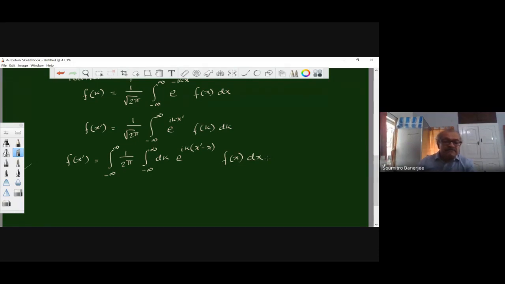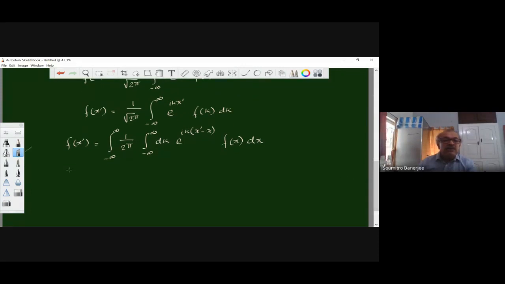Then we know that the integral of delta x minus x prime f x prime, this is something that we did in the last class, so I'm just writing that. If you open the notes of the last class, you will find this is actually f x.